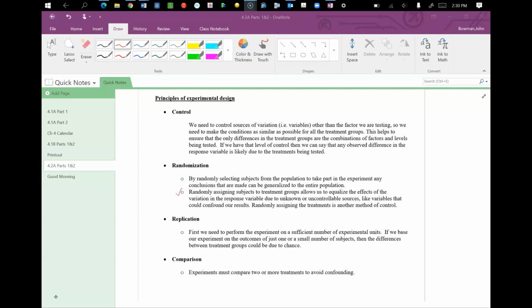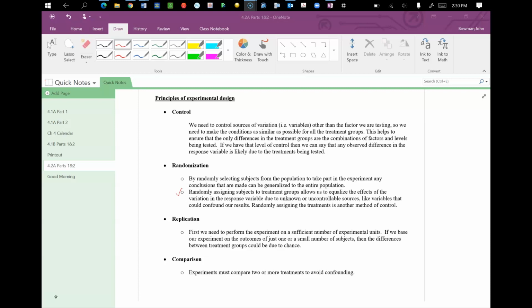But if we have students that volunteered for that, there might be some variable related to their volunteering that also has an impact on the outcome of that experiment.